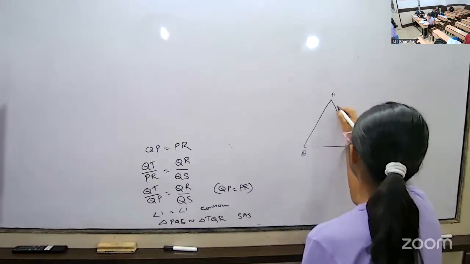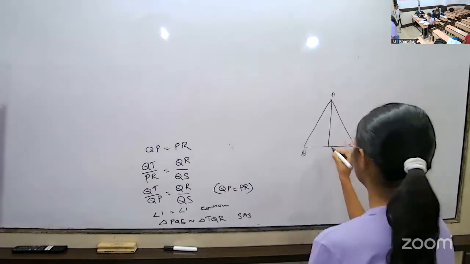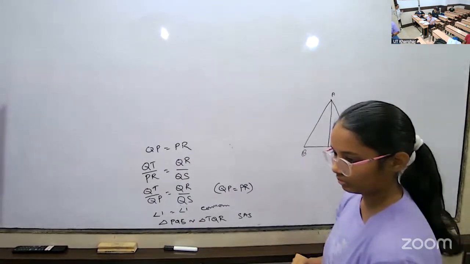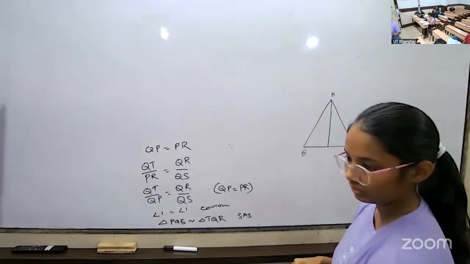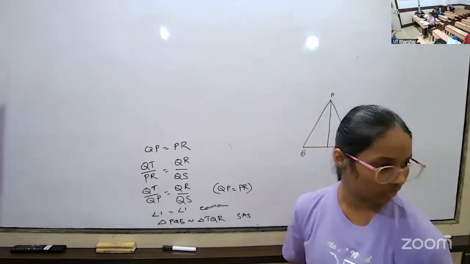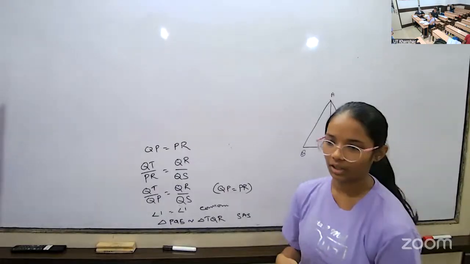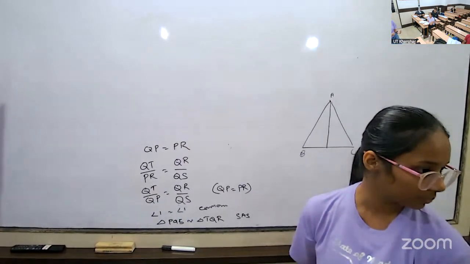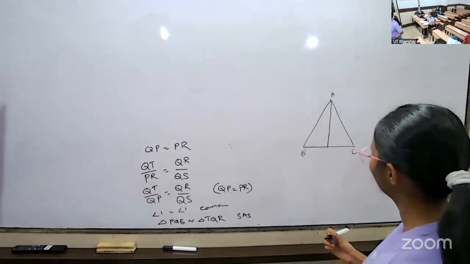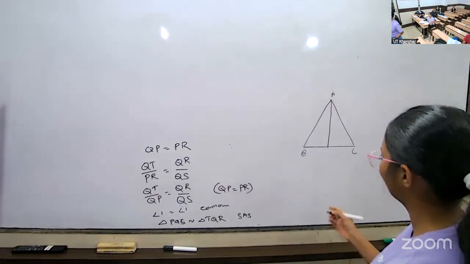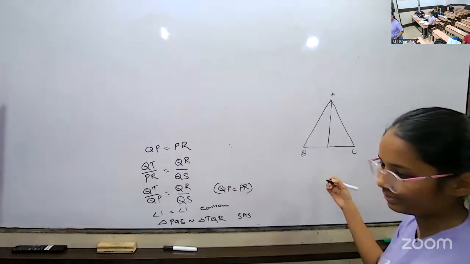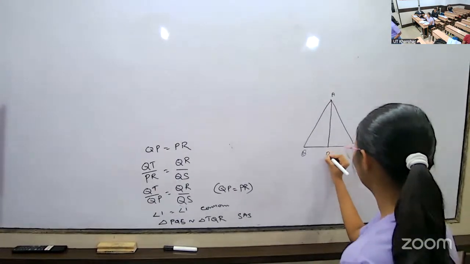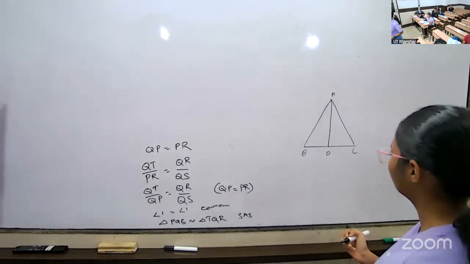Altitude means what? Altitude means perpendicular. Perpendicular means how do you know? Name it. Which is altitude? You put a name there, no? Then which is altitude?